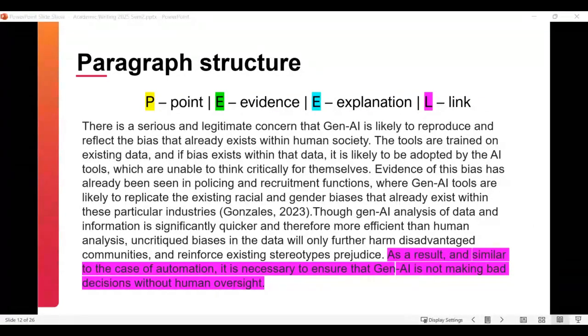In the paragraph on the screen, in the middle there, you can see Gonzalez 2023. So obviously you've read this paper or book from that person, and they've said something, and you're taking their idea into your writing, which is why you have to reference. I hope that makes sense.